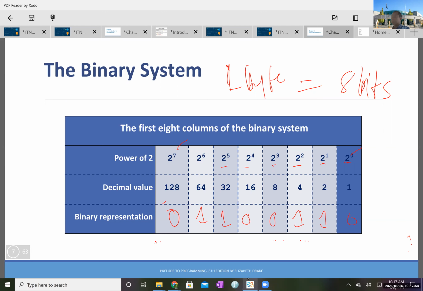What is on the screen? 102. 102? Okay. Yes, so this one you have 0, 64, 32, 0, 0, you have 4, you have 2, and here's 0. Add them together, right? So this one you have 96, 100, and 102 here, right? So 102 is the correct answer here.